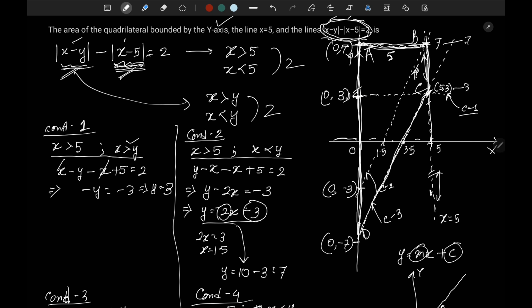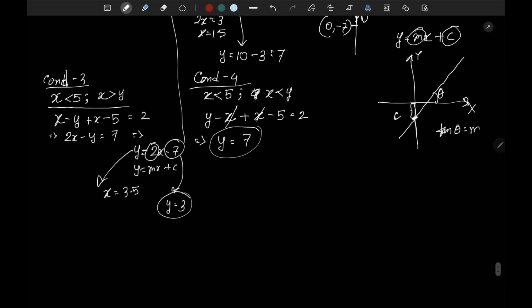AD is nothing but, on this side you have 7 and on this side you have -7, so your AD is nothing but 14. So essentially you have this trapezium A, B, C and D, where this is 5, this is 4 and this is 14.